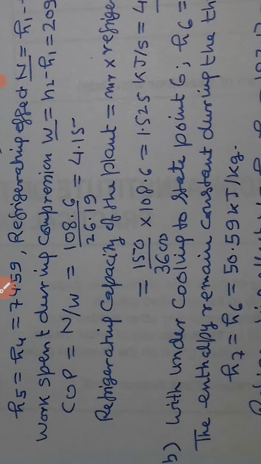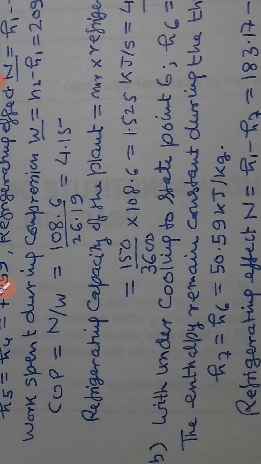In the B part, with undercooling to state 6, H6 is given as 50.59 kJ per kg. The enthalpy remains constant during the throttling process 6-7. Therefore H7 is equal to H6 is equal to 50.59 kJ per kg, after undercooling.